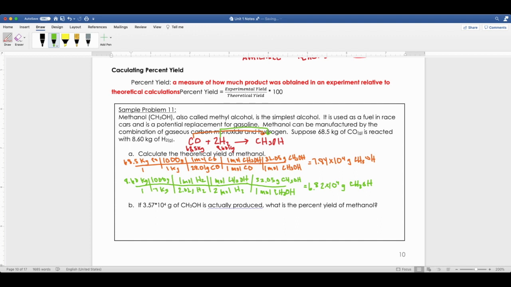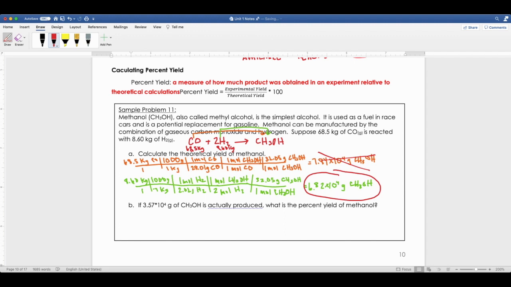You can only produce whatever the limiting reagent can make. So in this case, my limiting reagent is the hydrogen because it produces less of that final product. So your answer is going to be this one right here. It's your theoretical yield. This one doesn't mean anything to you at that point in time.